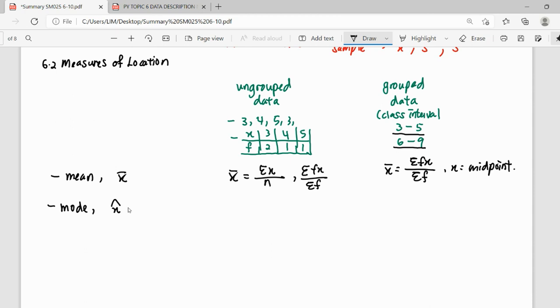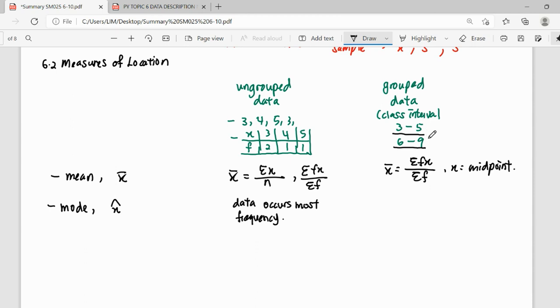The value that occurs the most frequently, the data that occurs most frequently. So that means you look at the highest frequency, which one is highest, that is what occurs most often. So that is our mode. So based on this data, our mode is 3.